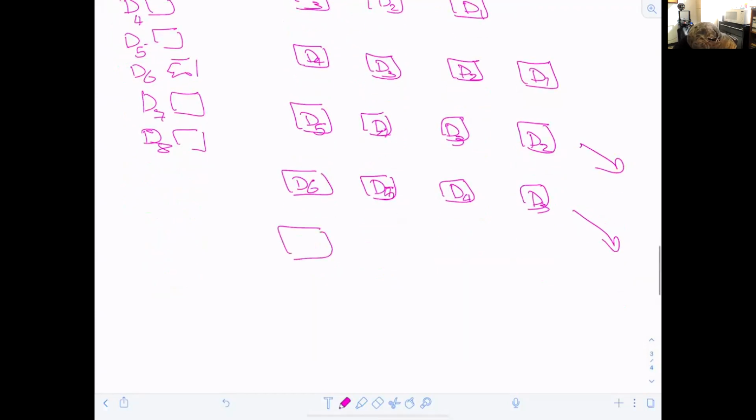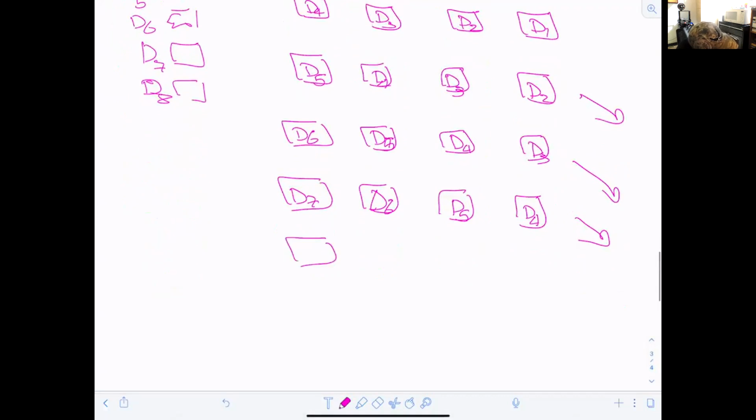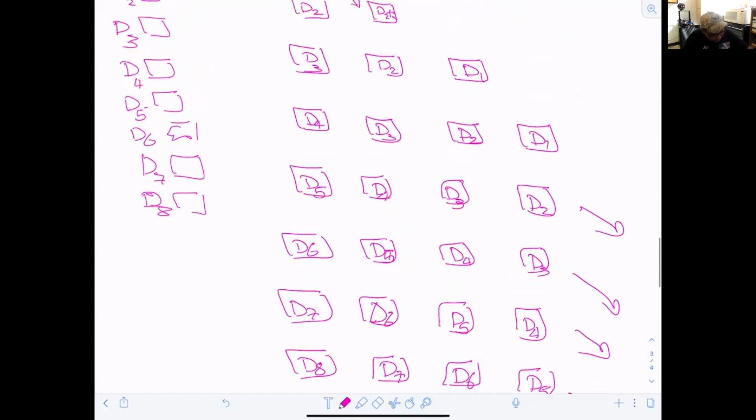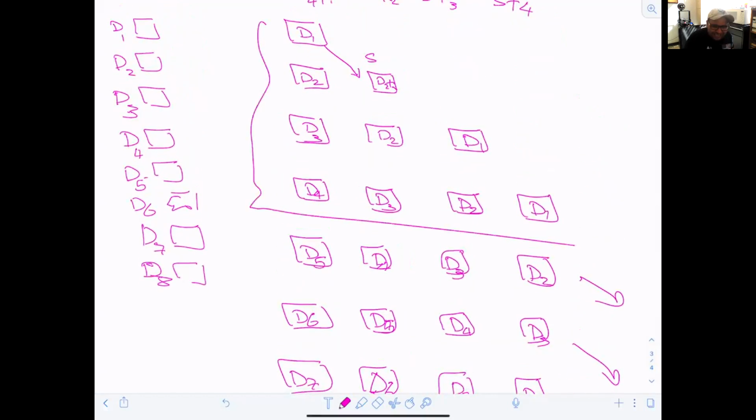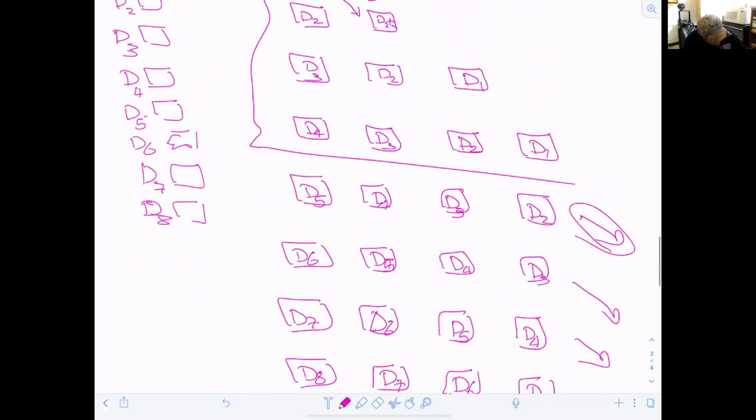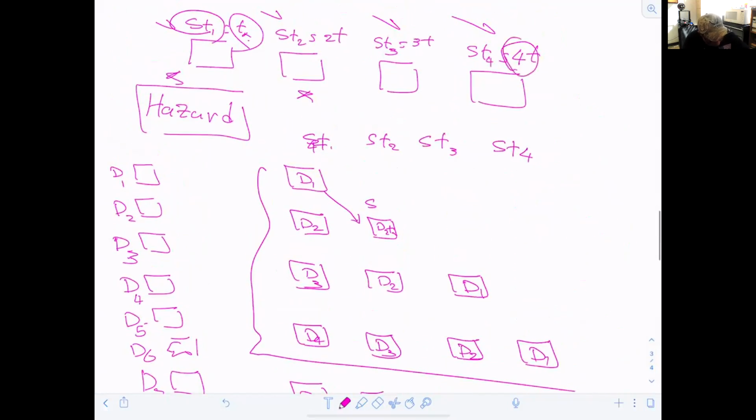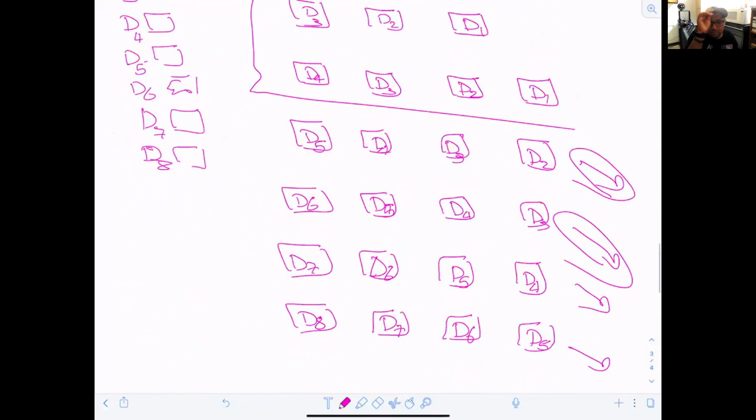Then D7, D6, D5, D4, and D3 went out. Then D8, D7, D6, D5, and D4 went out. Have you noticed? What happened? Until here, we didn't take anything out. Then every single unit of time, we are taking something out.